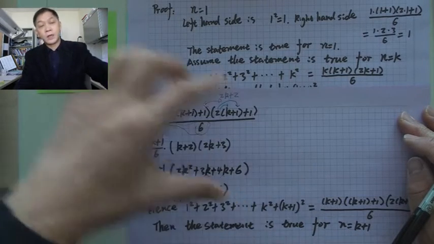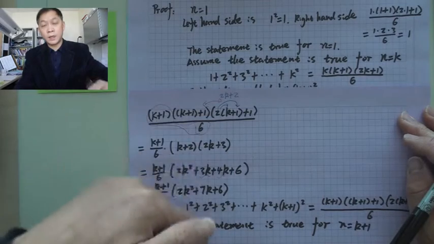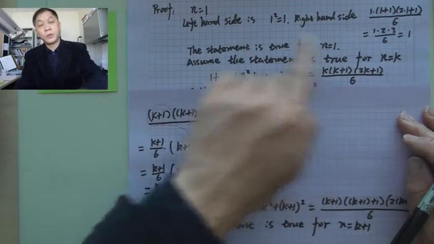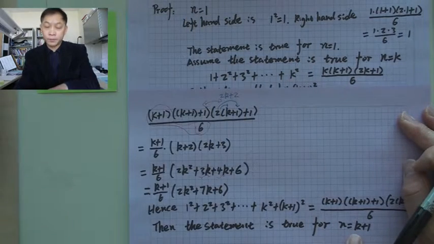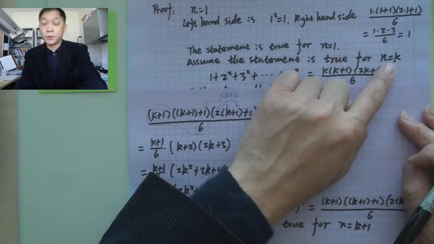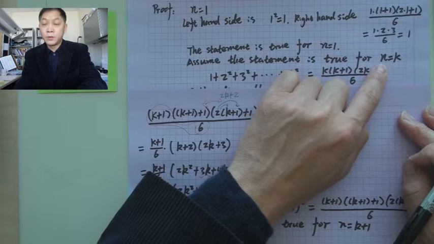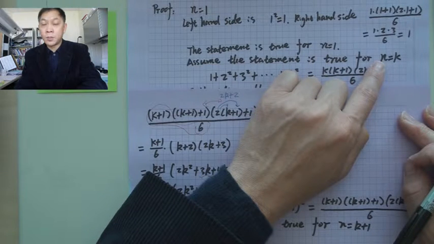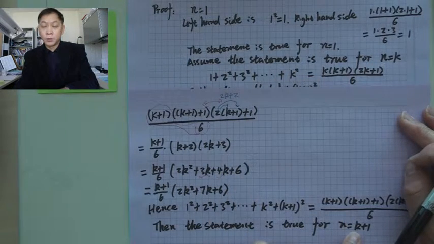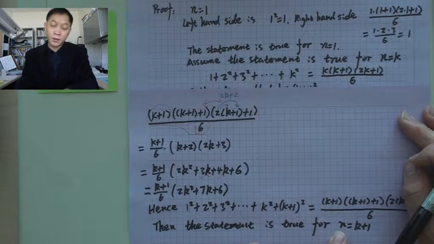Now, you can go through this loop again and again and again. What do I mean by that? k can choose 1, it tells us, then k plus 1, we got 2, so n equals 2 is true. And then again, k can choose 2. If k is 2, then the statement is true for n equals 2. We will reach 2 plus 1 is 3, so the statement is true for n equals 3.